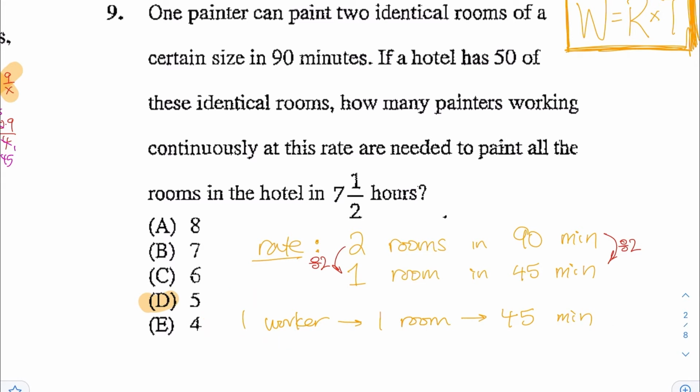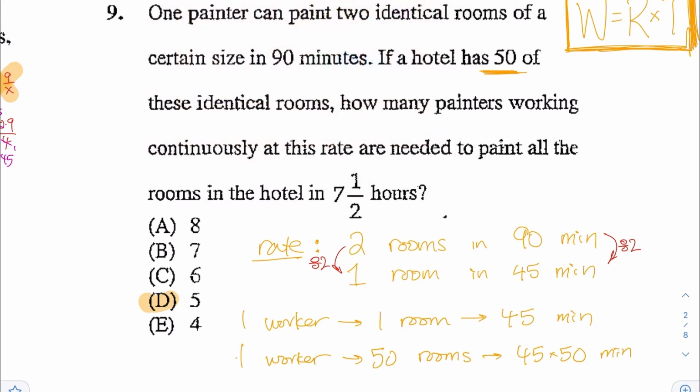All right, so here, that 1 worker has to do 1 room in 45 minutes. So if you need to do, let's say, 50 of these rooms, if you have 1 worker to paint 50 rooms, it'll take 45 times 50 minutes.